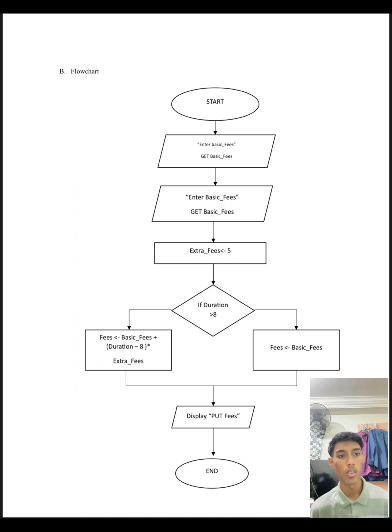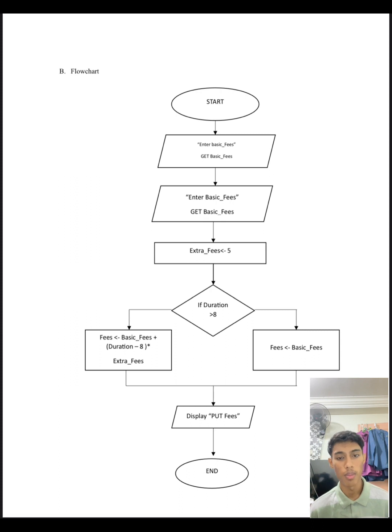The function of the arrow is a line that shows the relationship between representative shapes. Between every two shapes, you must put a line, which means the arrow.